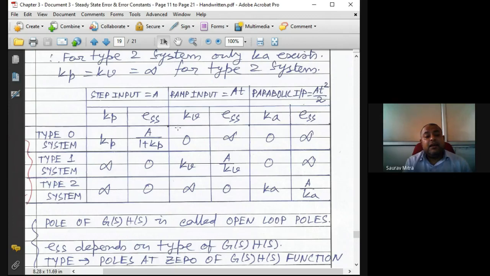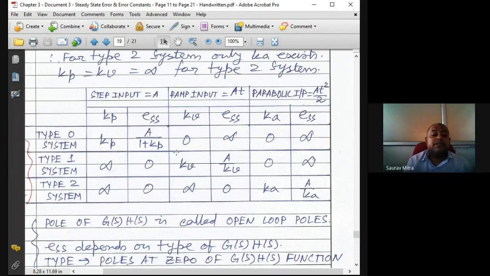Same thing, type 0 system for ramp input. Here Kv is going to be 0. This is infinity. Kv is coming here and the error is A divided by Kv. So how much is A divided by Kv? Kv we calculate from the given formula, that is limit s tends to 0 of s into GSHS.